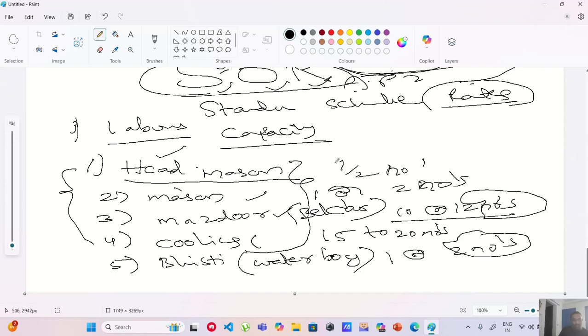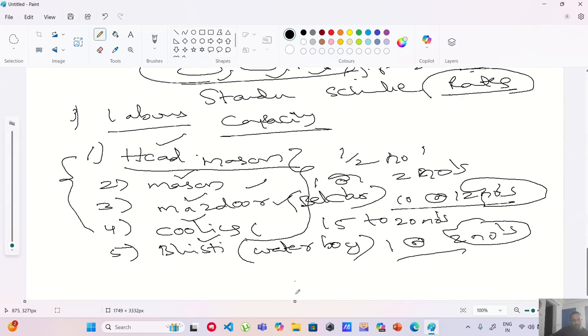Head mason, half number is required to complete that particular work. Mason, one or two numbers. Mazdoor, 10 to 12 numbers, and coolies, 15 to 20 numbers. And the last one is Bisti, water boy, one or two numbers is required.